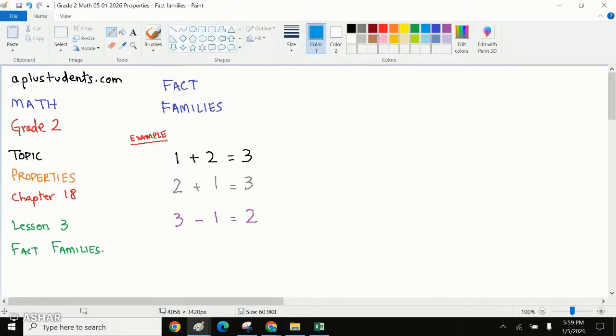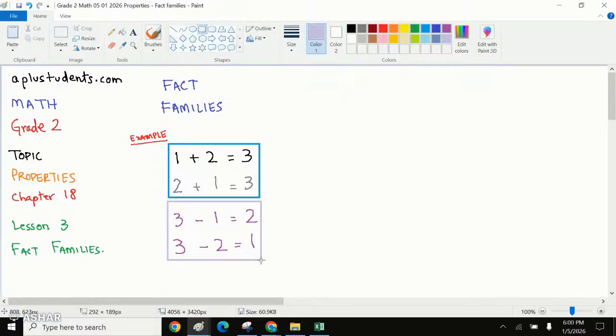The first two examples given over here were for the addition. The next two would be for subtraction. 3 minus 1 was 2, or if we say 3 minus 2 would always give 1 as the answer, right? So what we are looking at over here is the facts that would always be true.